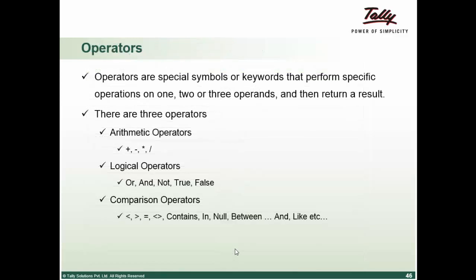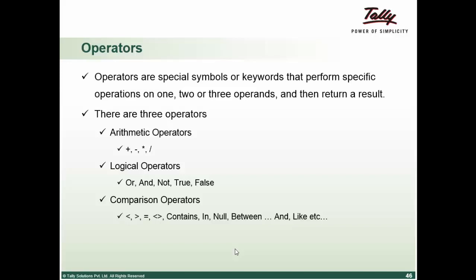Then we have the operators. Again, operators are special symbols or keywords that perform specific operations on one, two, or three operands and then return a result. So there are three categories: arithmetic, logical, and comparison.